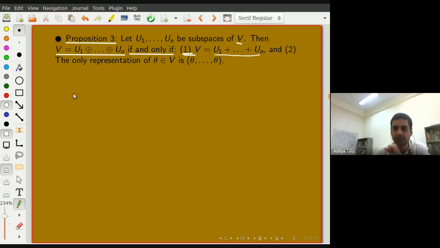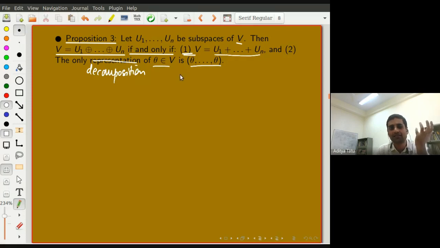The second condition is that the only decomposition of theta as a sum of elements from these n subspaces is to use thetas that belong to each of these subspaces. If these two conditions are met, then the vector space V is said to be a direct sum of these n subspaces.